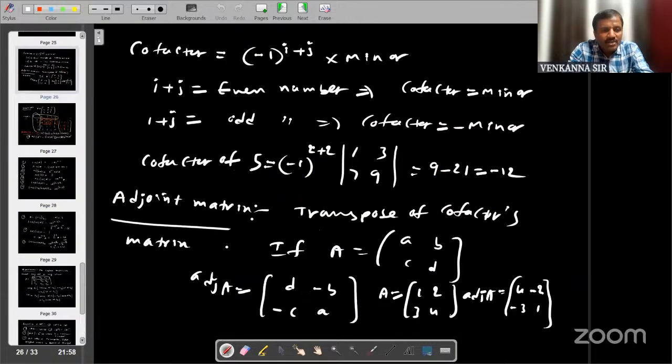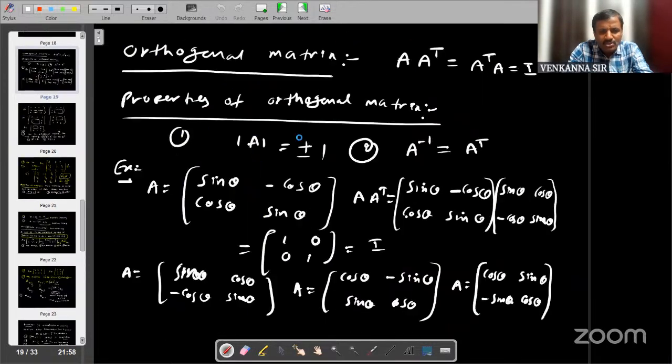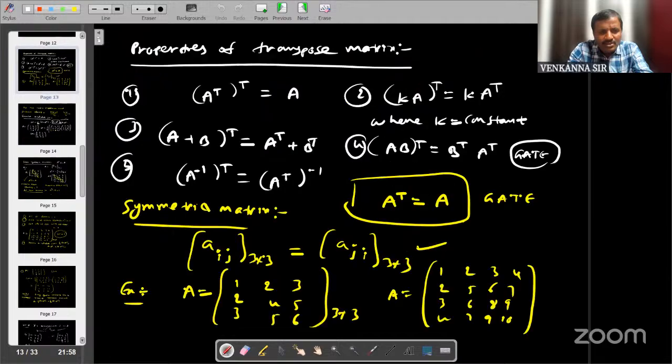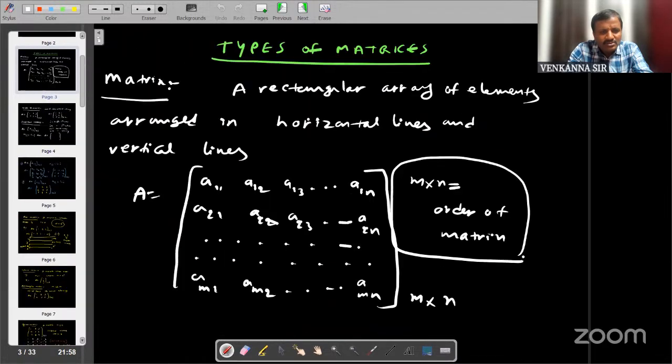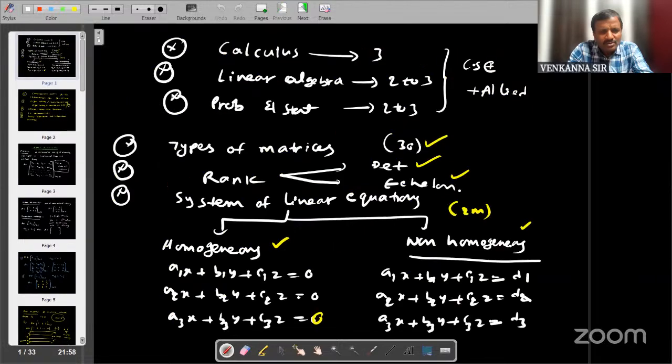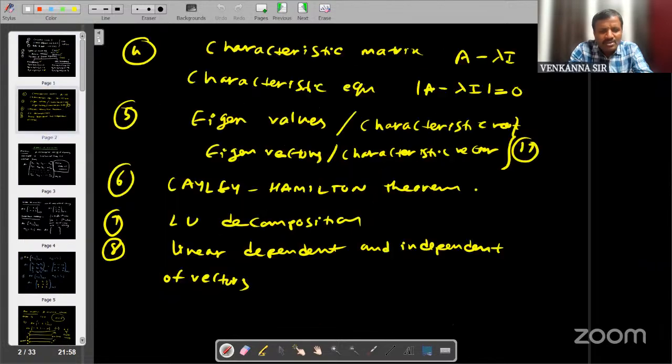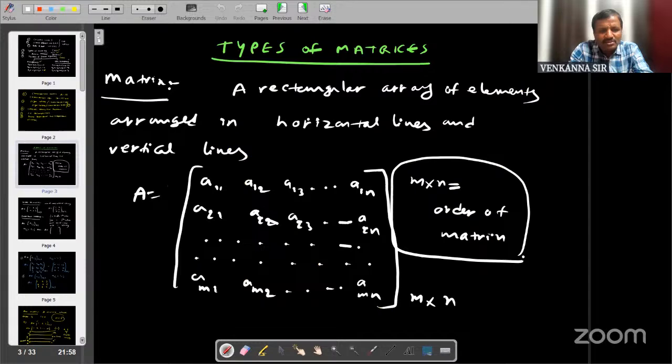So totally we have discussed so many concepts. Also go through all of today's slides once again. Yeah, what is the syllabus? This is the syllabus of types of matrices.